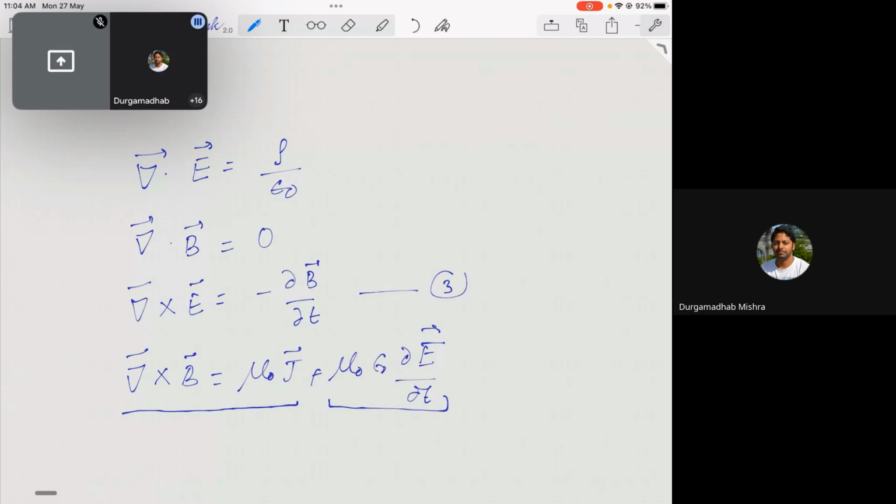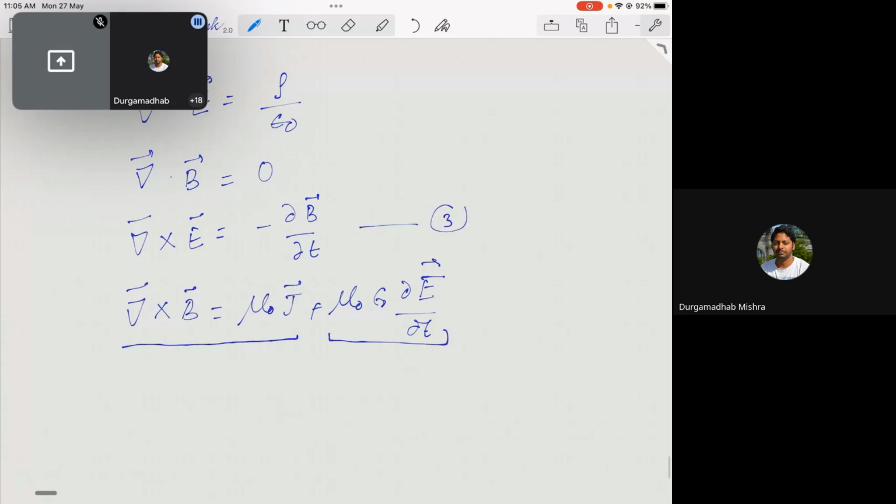Similarly, a time varying electric field can produce a magnetic field. This modification by Maxwell was included to complete all the equations or laws of electromagnetism. Once all these equations are put in this form, completely it is known as Maxwell's equations for electromagnetism.